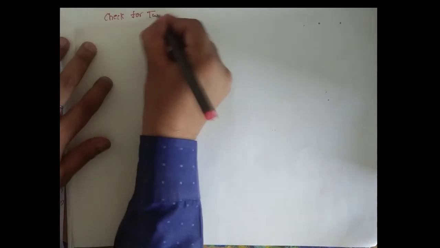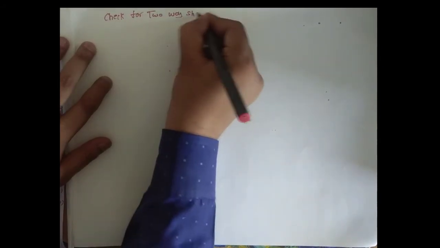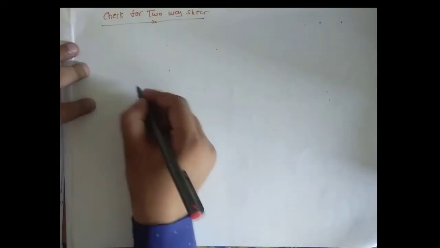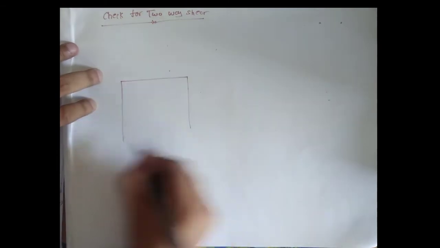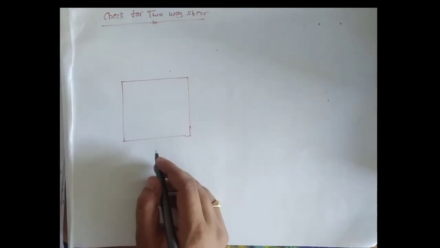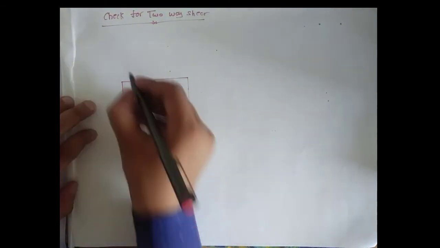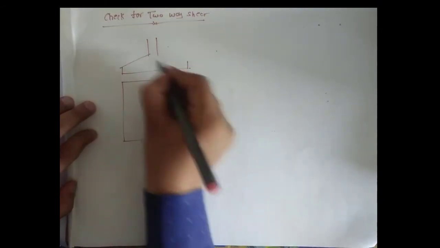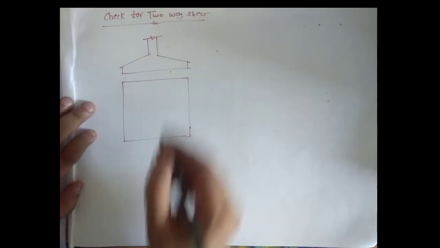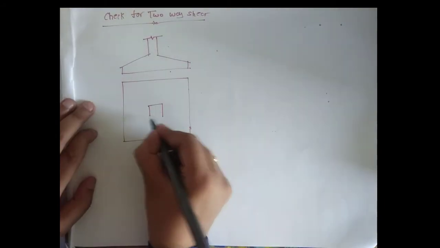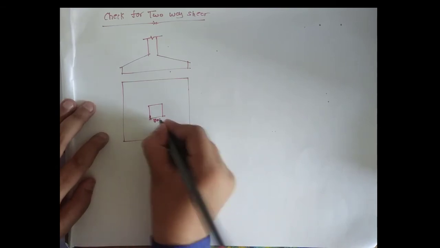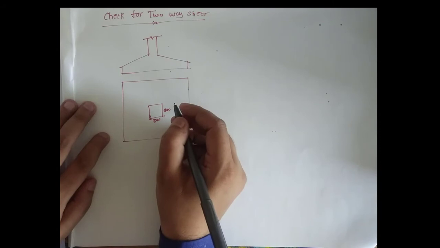Check for two-way shear. For that we need to redraw the diagram. For two-way shear, this is your footing, these are the edges, this is the column. This is your original column of 300 by 300.